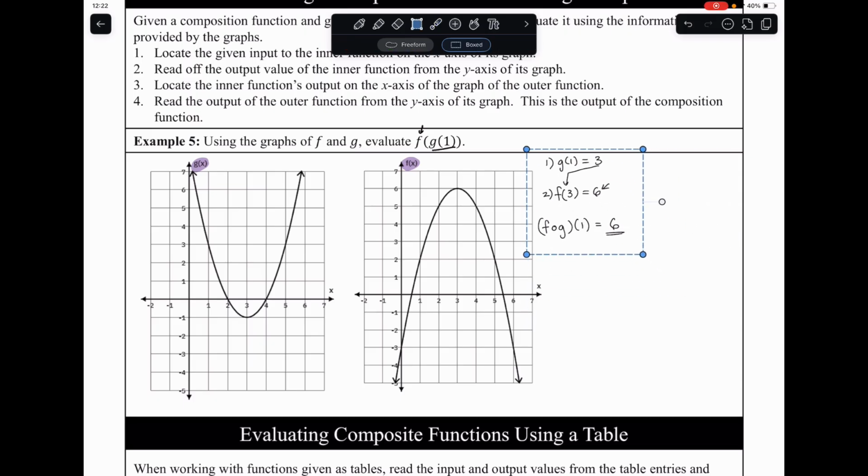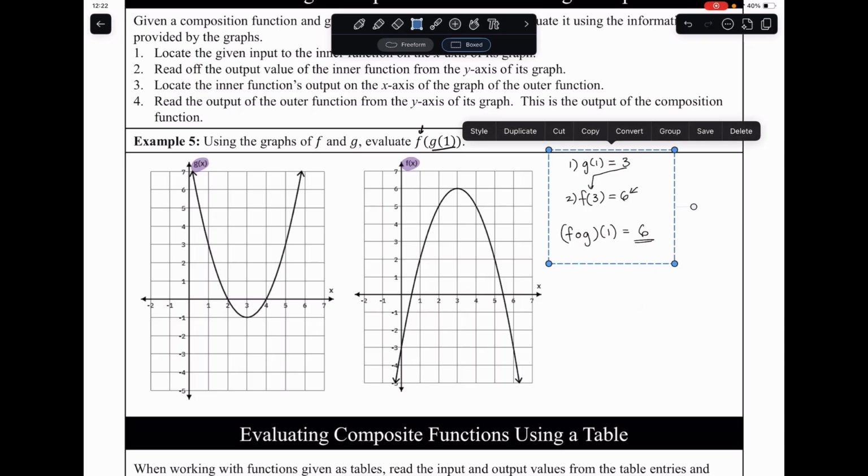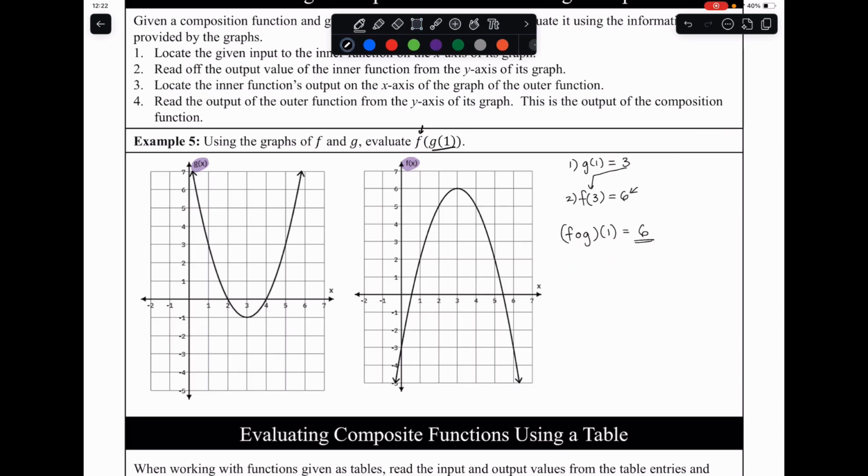Let me just make this smaller so it doesn't go away, and we're going to do another part. We'll call this part b. So let's evaluate, in the same order, f of g of the number 2.